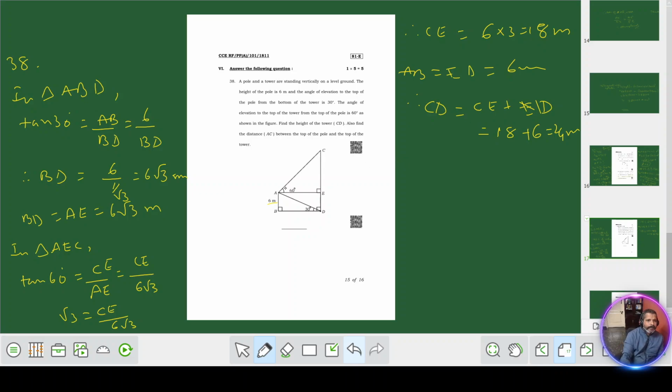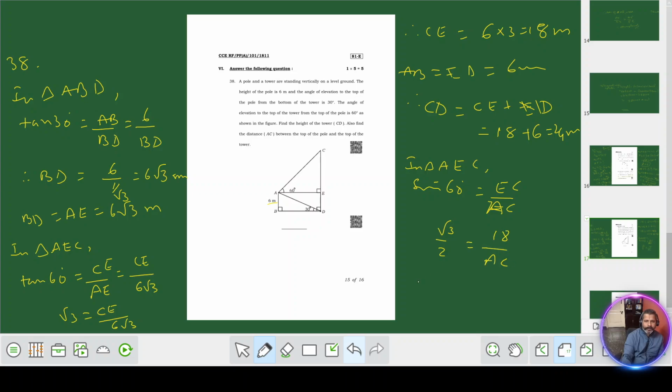CD is done. AC we need. So for AC, in the same triangle, you can apply adjacent by hypotenuse or opposite by hypotenuse. I'll apply in triangle AEC sin 60, which comes EC by AC. Sin 60 we know is root 3 by 2. EC we just calculated, 18.